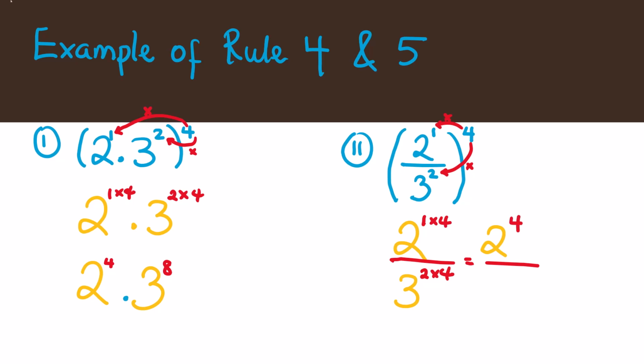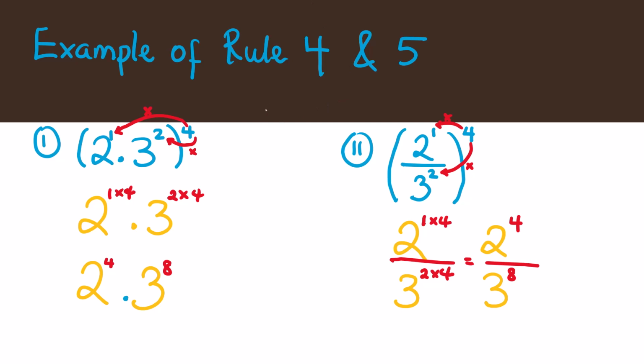And then finally for our denominator, we have 3 as the base, but our exponent is going to be 2 times 4, which gives you 8 as the exponent. So this is how you're applying rule number 4 and rule number 5.